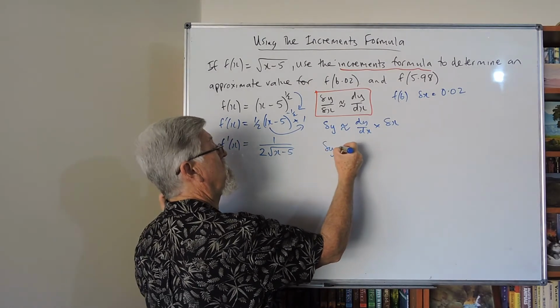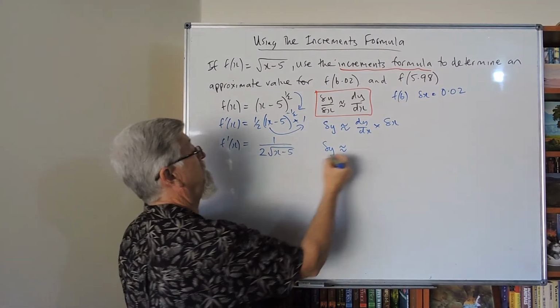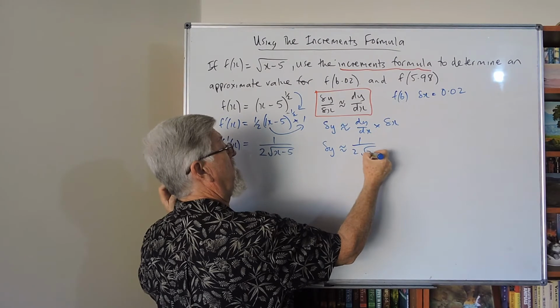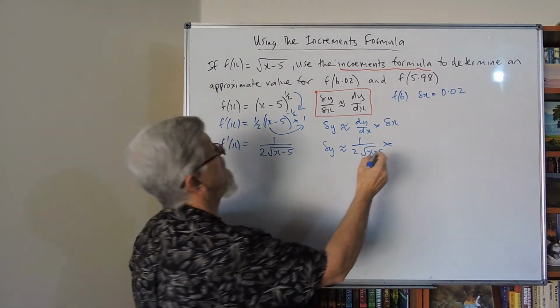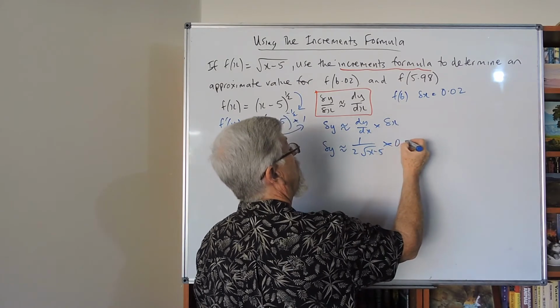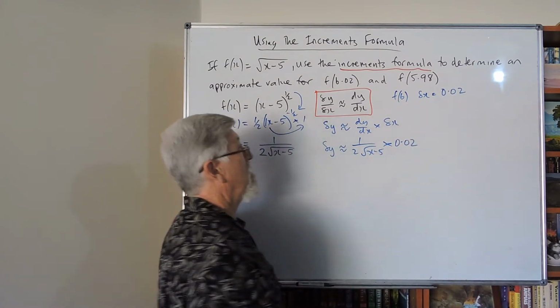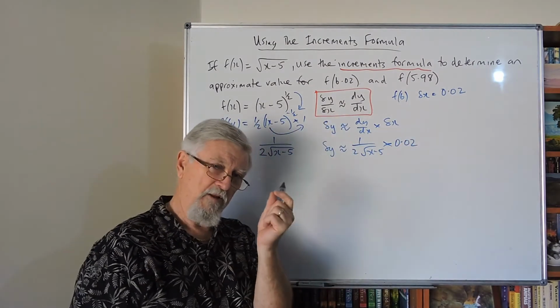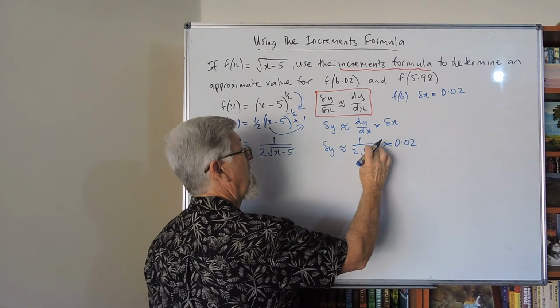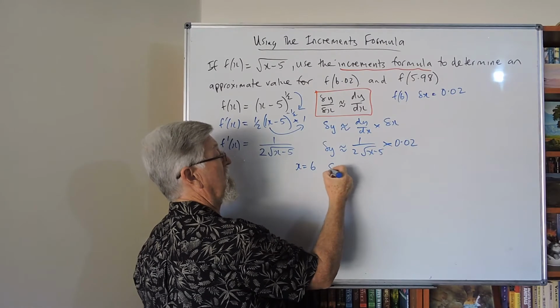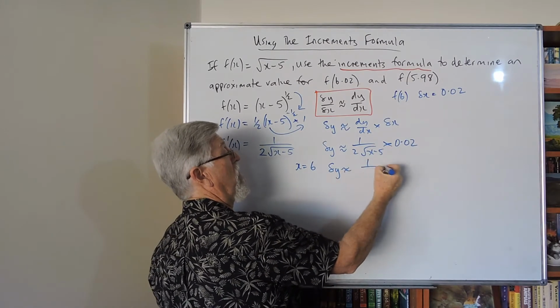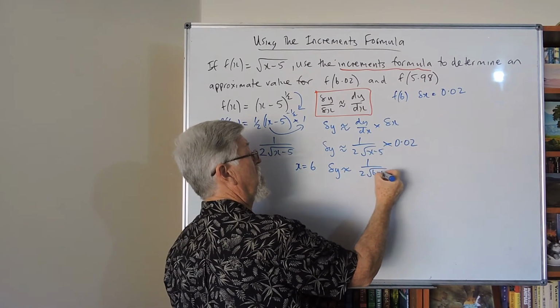The small change in y is the derivative, 1 on 2 square root of x minus 5, times the small change in x. In this case, the small change in x was 0.02, because 6.02 is a little bit above 6. Now in this case, on the x, I could have also said that x equals 6. So the small change is 1 on 2 times the square root of 6 minus 5.